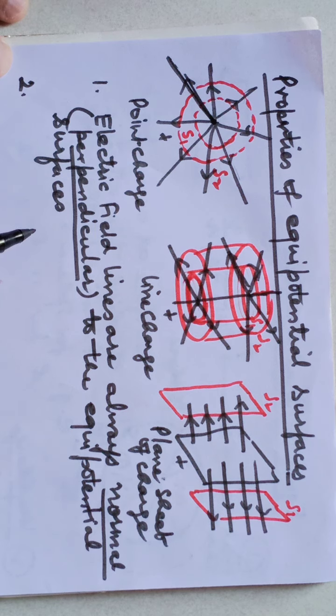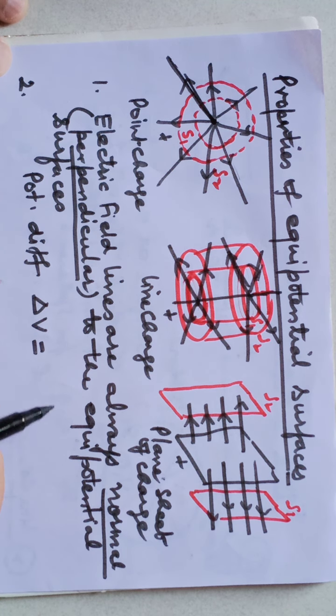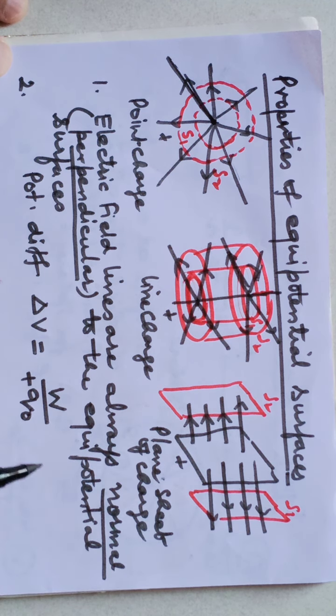Second is related to the work done. Now potential difference delta V is nothing but the work done in carrying a test charge from one point to another point. Suppose these two points are A and B. So we write VB minus VA is equal to W upon Q, where Q is the test charge.